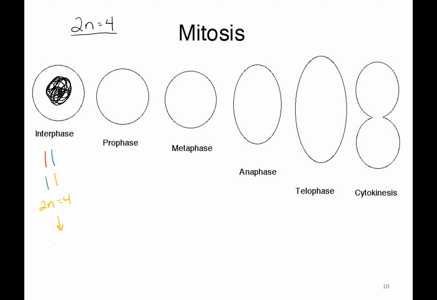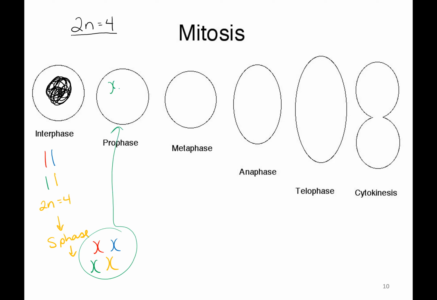And then what we have to do is undergo S phase and duplicate all of these. So I'm going to have my duplicated orange, my duplicated red, my duplicated blue, and my duplicated green. And we don't really see these until prophase.